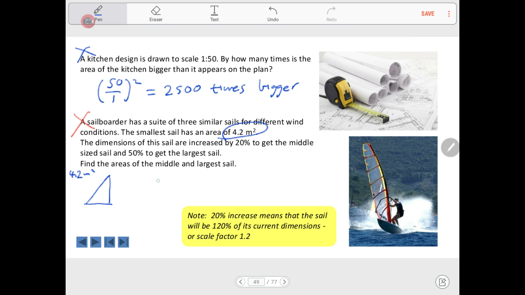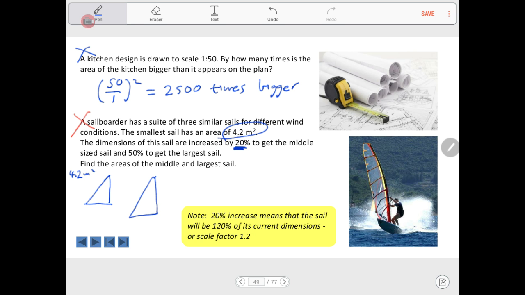Okay, now a slightly larger sail, the medium one, now that is scaled up by 20%. So this is a tricky one, and we deal with this percentage increase decrease later on in finance. I'll just make this sail look a little bit better. It's 20% bigger than the previous one.